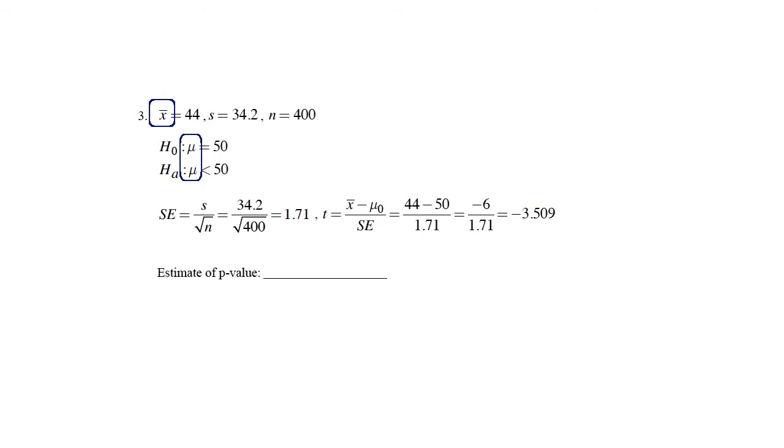So because this is a mean, we would use a t-distribution, and our degrees of freedom, from the fact that n equals 400, we want then 399, which is n minus 1 degrees of freedom. In this case, we can see that our alternative hypothesis has a less than, which tells us that we have a left tail test.